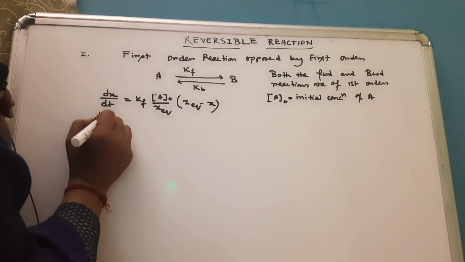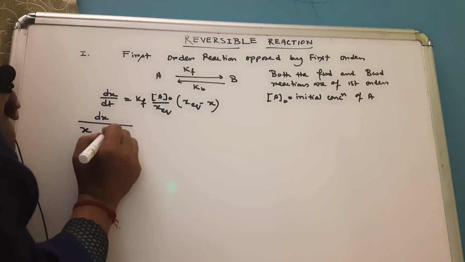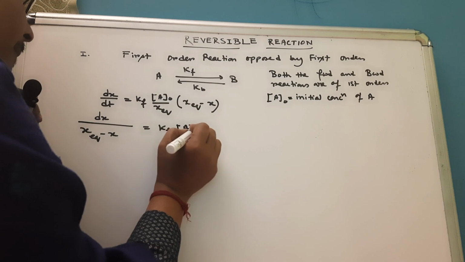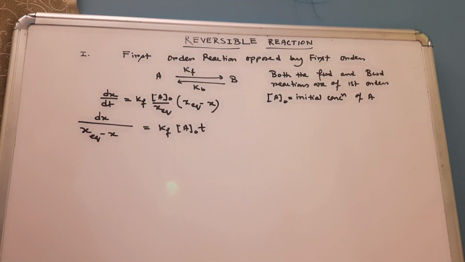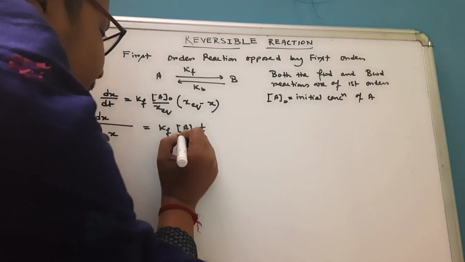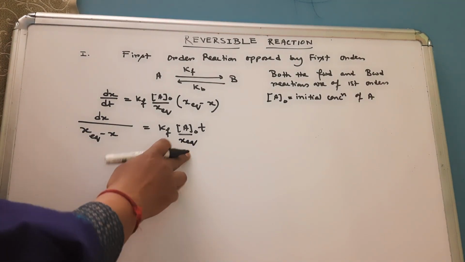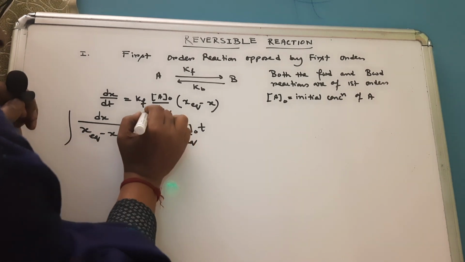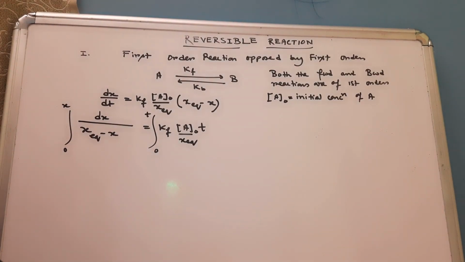So separation of variables: all the variables with x will be separated from the other variable, that is t. Here the x equilibrium is constant, so integrate from 0 to t, and x varies from 0 to x.